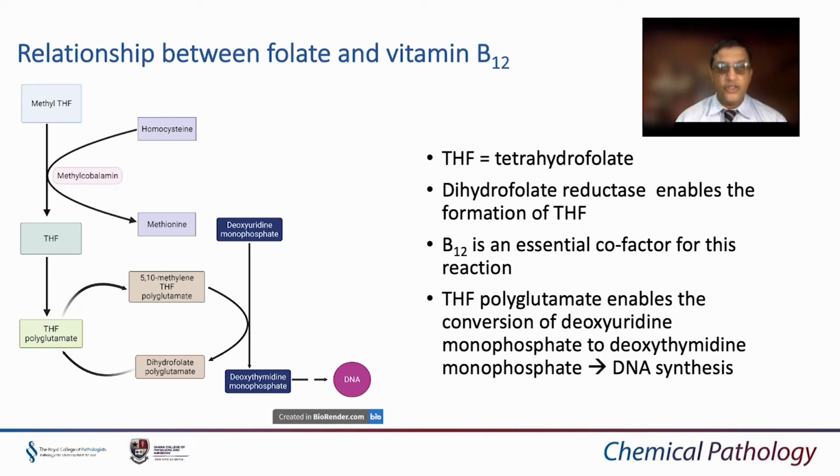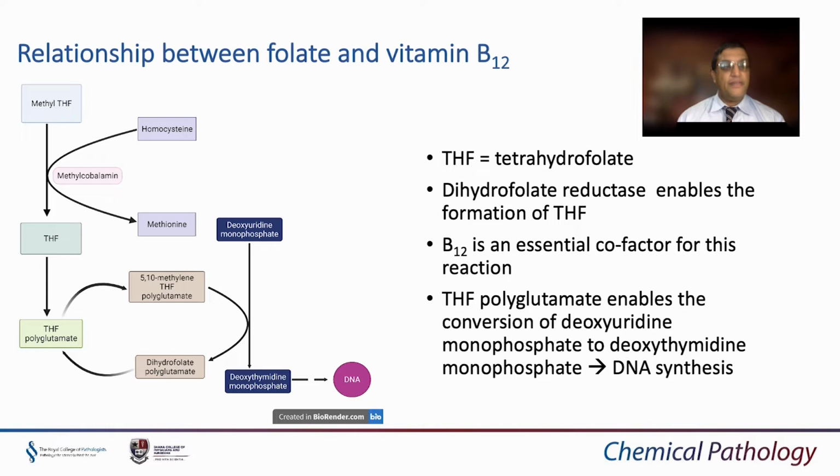What is the relationship between folate and B12? Dihydrofolate reductase enables the formation of tetrahydrofolate. B12 is an essential cofactor for this reaction. THF polyglutamates then are formed, and this enables the conversion of deoxyuridine monophosphate to deoxythymidine monophosphate, and this product then is important for DNA synthesis.